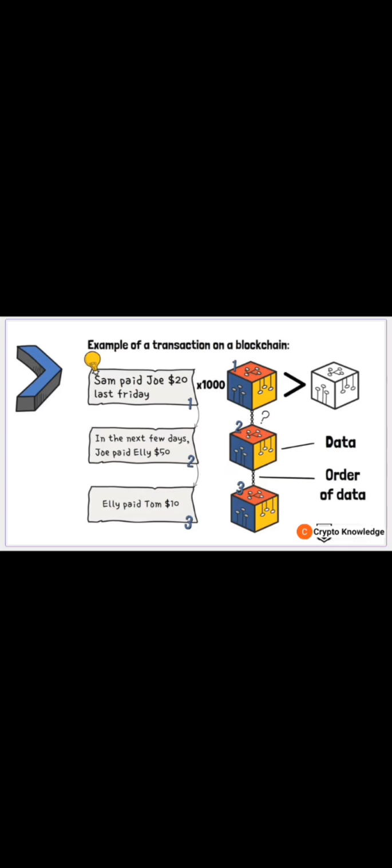So, where is the chain part here? As I explained to you before, the chain refers to the fact that all blocks of information are connected with each other chronologically. A very simple way to look at it would be like this.